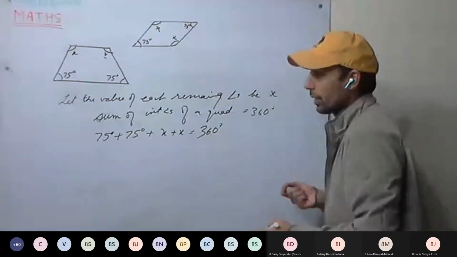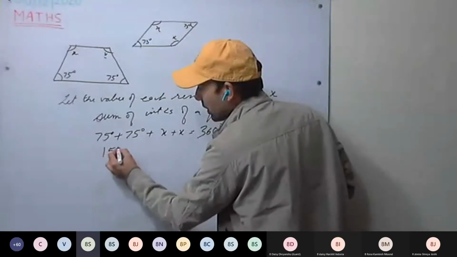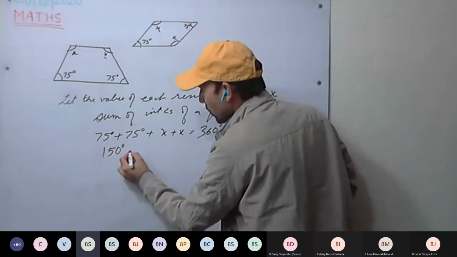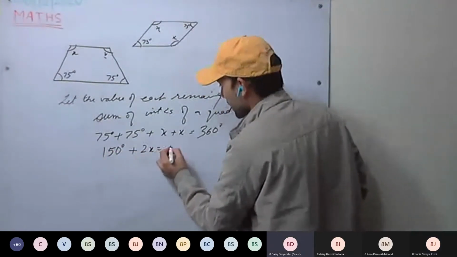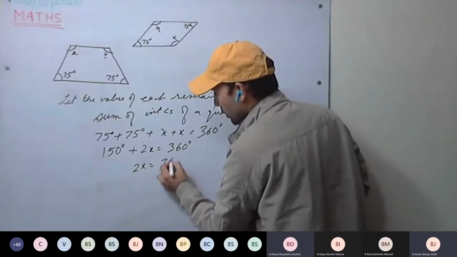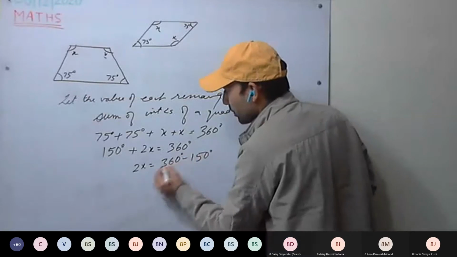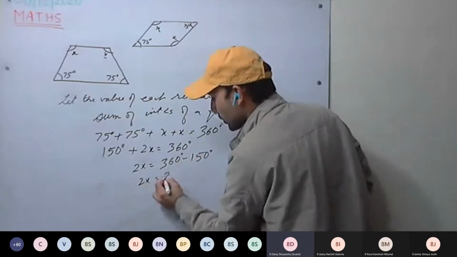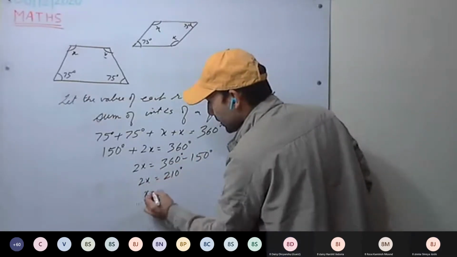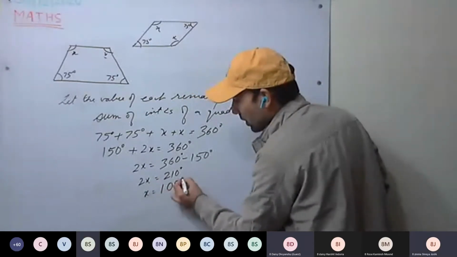Solve them. 75 plus 75 is 150. So 2x plus 150 is equal to 360. 2x is equal to 210 degree. x is how much? 105.